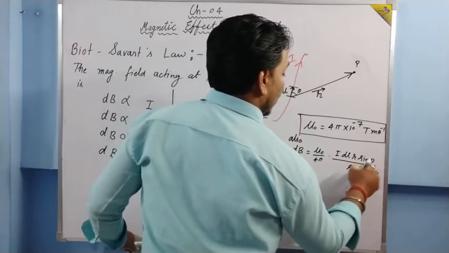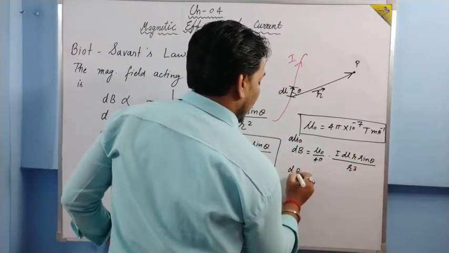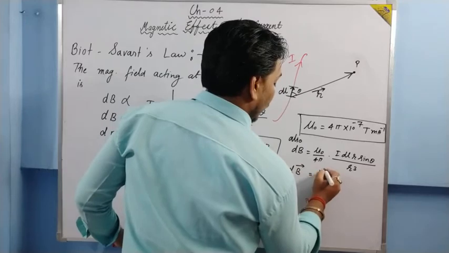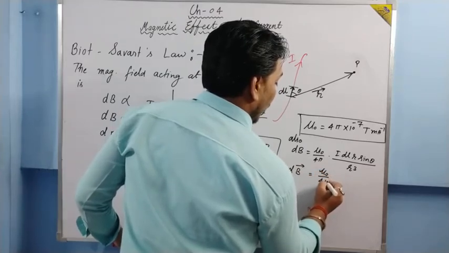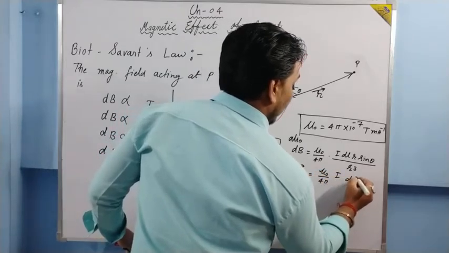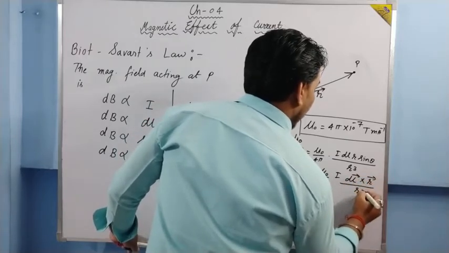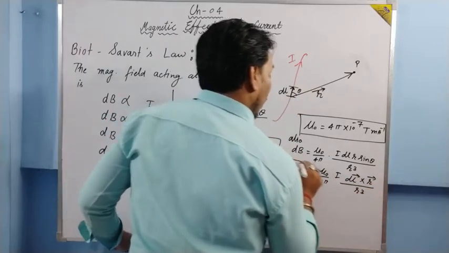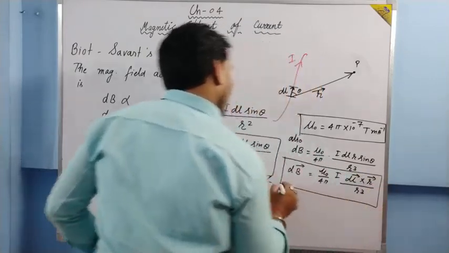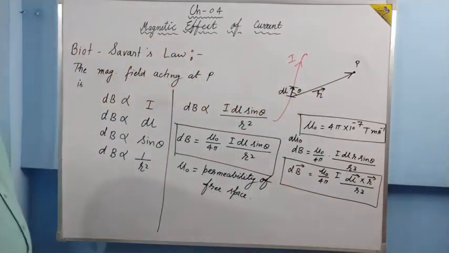Now dl r sin theta we can write as a cross product, so dB vector is equal to mu naught upon 4 pi I dl vector cross r vector upon r cube. This is the vector form of the Biot-Savart law.